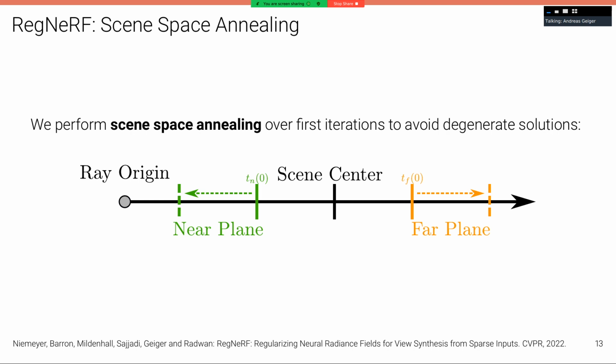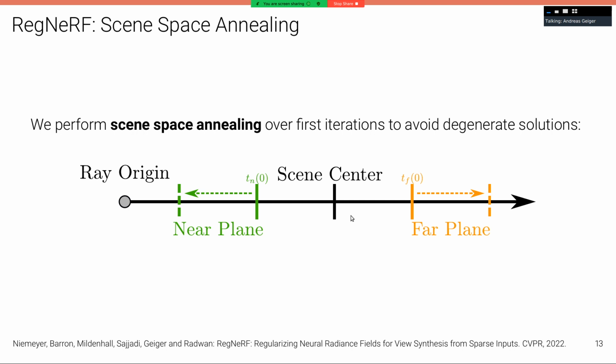But what we also found, what is important, is to use what we call scene space annealing. If we naively sample points along the entire ray for these sparse scenarios, we find that this leads to degenerate solutions. And we can avoid this using scene space annealing over the first iterations, where we sample points more closely to the expected scene center by adjusting the near and the far sampling planes, here shown in green and in orange, such that we sample only between these.